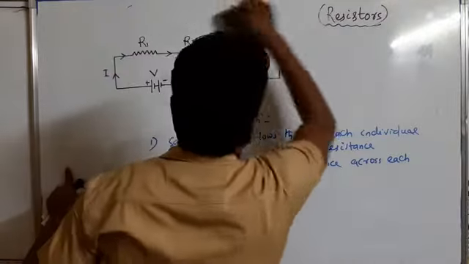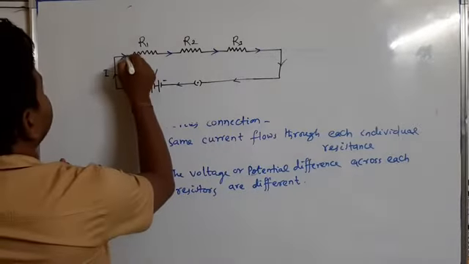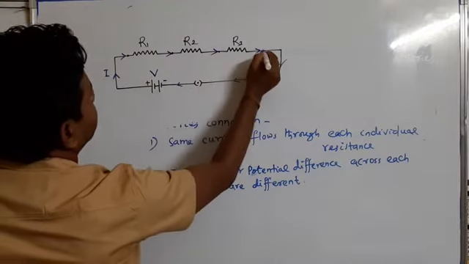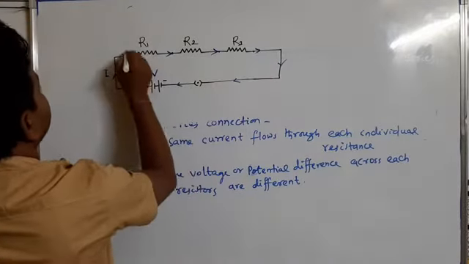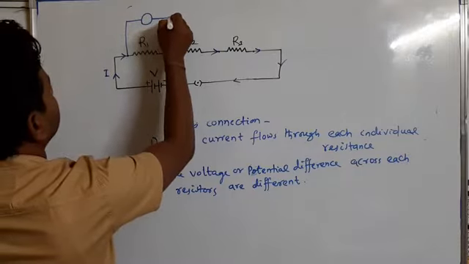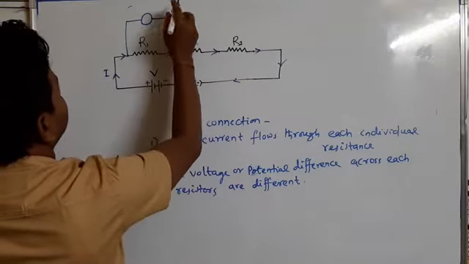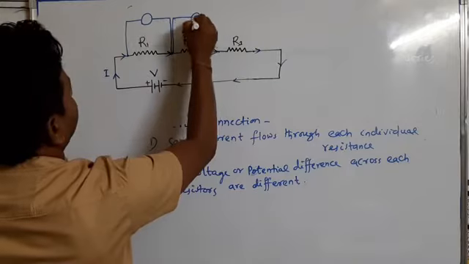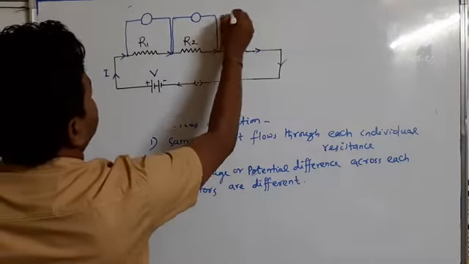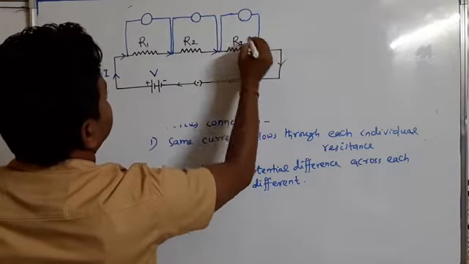It means if you take a voltmeter, you can see here, if I make the point here, the voltage across R1, and similarly you take another voltmeter across R2 and another voltmeter across R3.